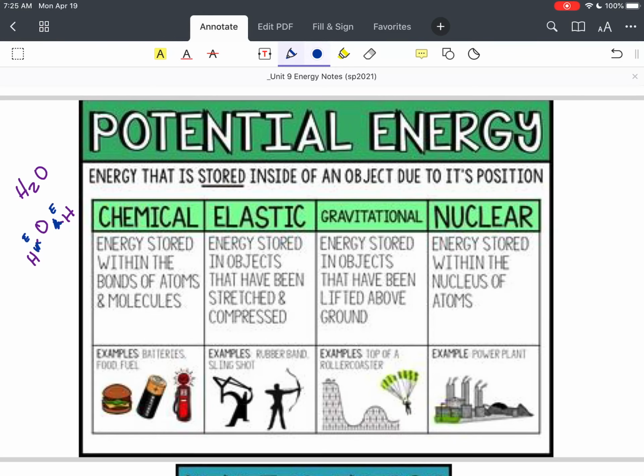Gravitational is energy that's stored in objects that have been lifted off the ground. So it has to do with battling that gravitational pull. I know we don't feel it because we don't really feel the effect of gravity when we're just standing on the surface. But when we're walking up a high mountain, or up a hill, or upstairs, you're really counteracting that gravitational force that's pulling you down to earth.